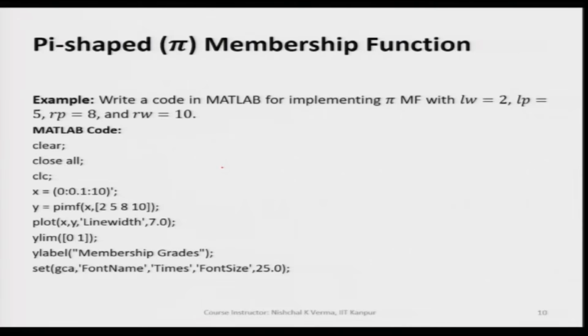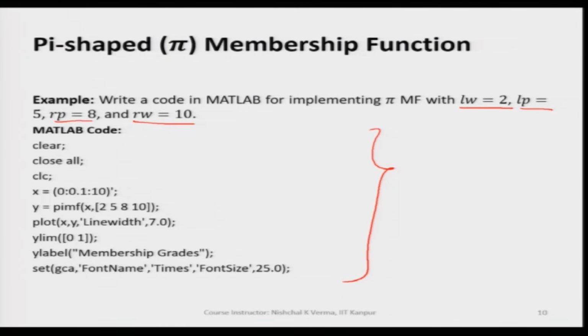Here we have the MATLAB code which you can use for plotting the pi shaped membership function, given with an example where Lw, Lp, Rp, Rw values are given as 2, 5, 8, 10 respectively.